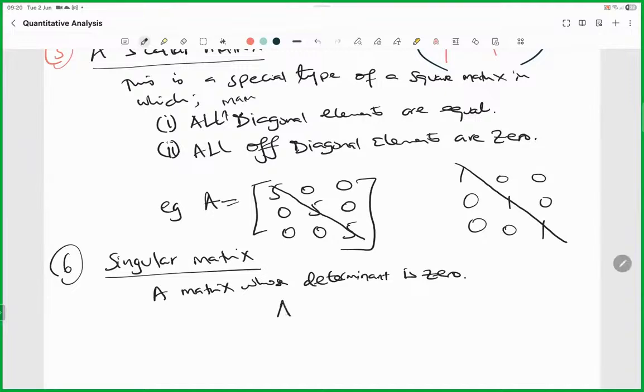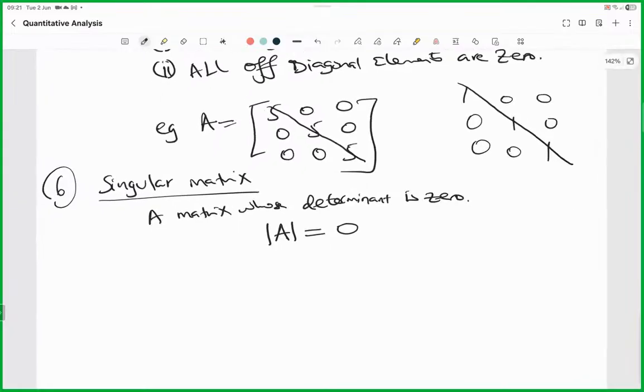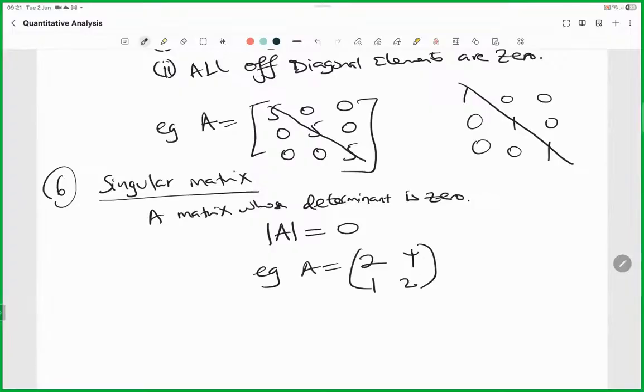So we shall be writing the determinant like this. For you to understand very well, ladies and gentlemen, if we are given a matrix A as 2, 4, 1, 2, kindly determine its determinant. To get the determinant, we normally take PPD minus PSD.